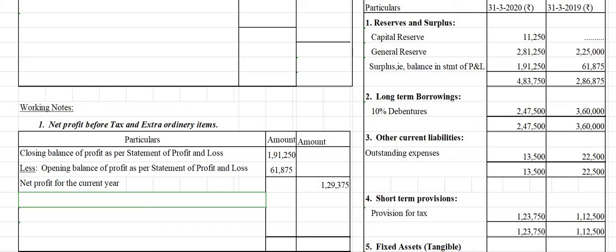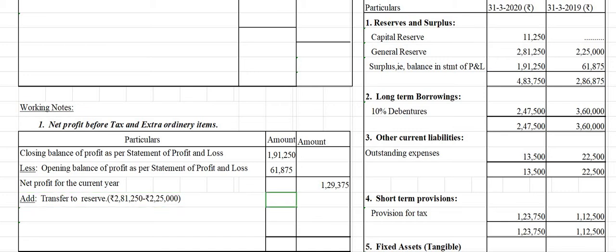In bracket we can write what is the amount: rupees 2,81,250 minus rupees 2,25,000. So that we can write here. So we will get the balance 56,250. Okay. So that is written.